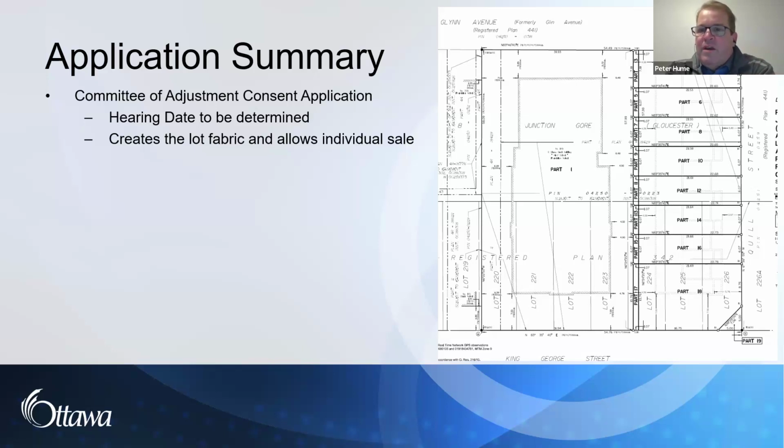So what you'll see is an application to create a number of lots with the requisite easements that will allow neighbors to cross and get to their backyards to do whatever they need to do in that backyard.